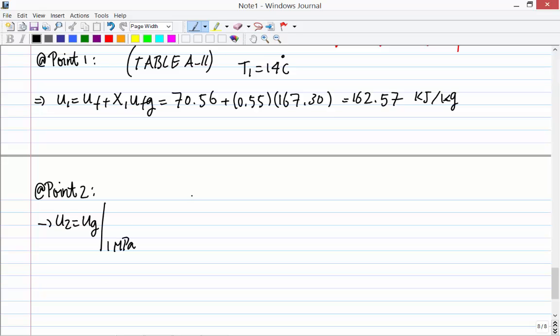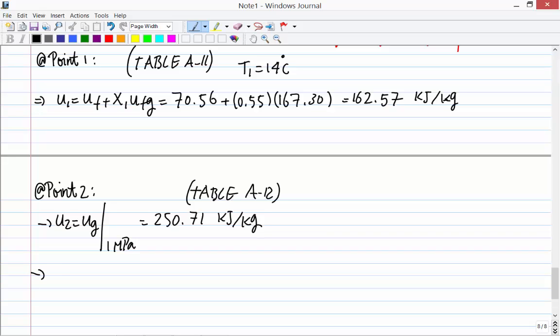So you need to check the next table, A12, and accordingly it's 250.71 kilojoule per mass. So I've got u1, u2, now I need h_in.